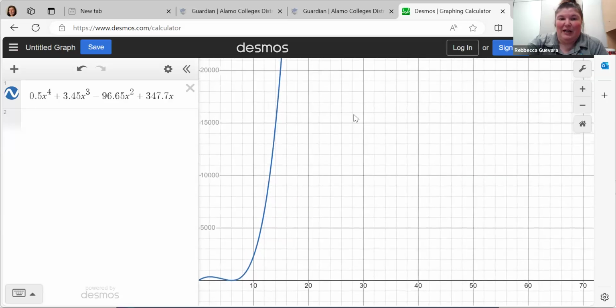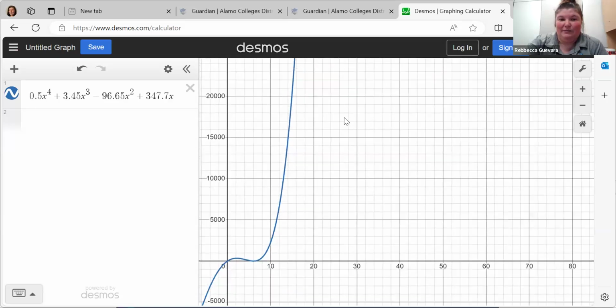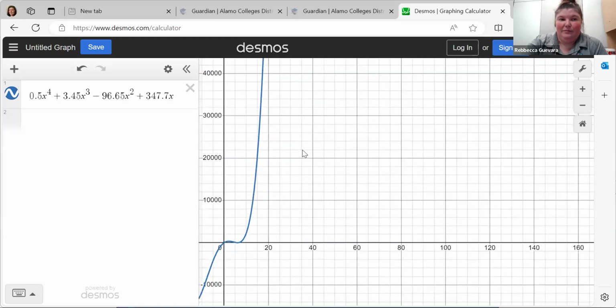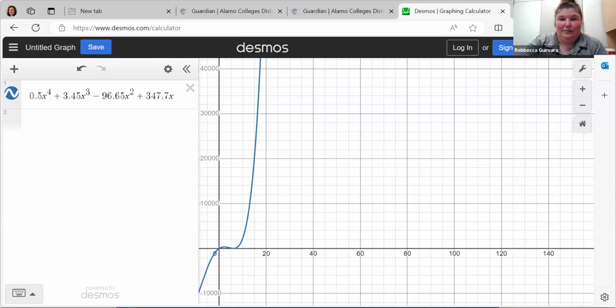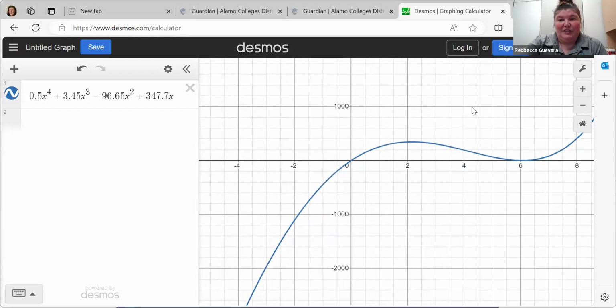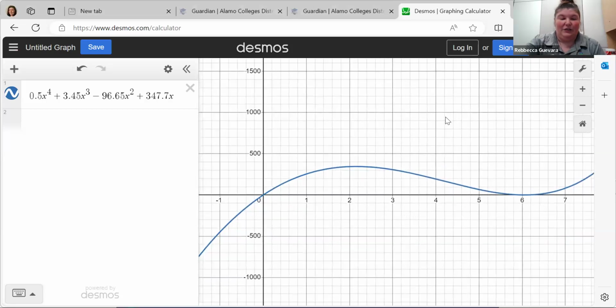So we have to look at positive hours. Oh God, just wanted to rescale it. And what we're really interested in is this part right here of the graph, because we were asked what was going on up to 6 hours after the medication is taken.